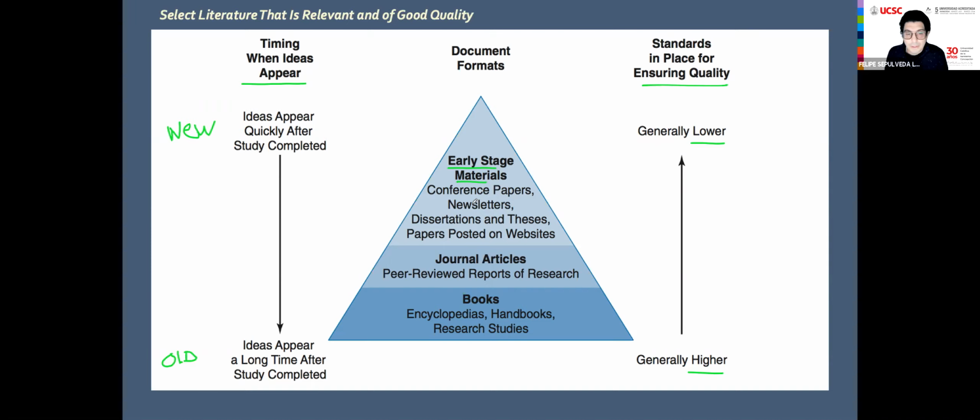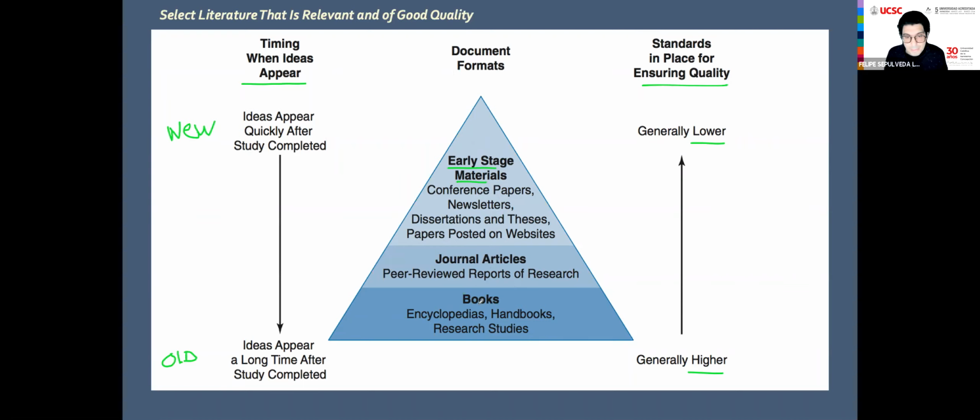The second type of source here in the middle are journal articles. Usually we know that when a journal decides to publish a work, it went through a peer review process. That ensures us that people who know about that topic validate that information, and that's why the journal accepted to publish it in their journal.